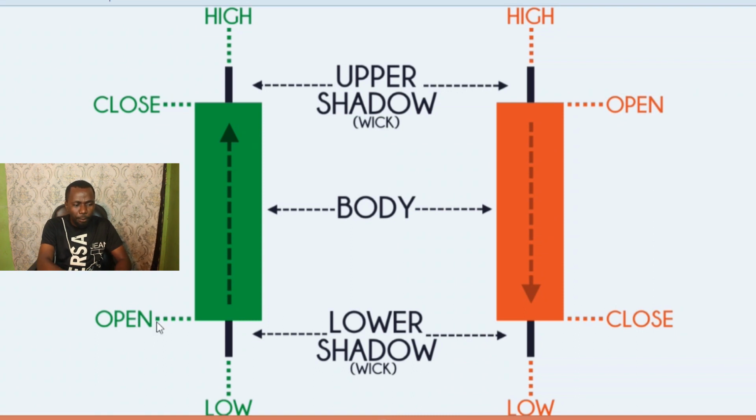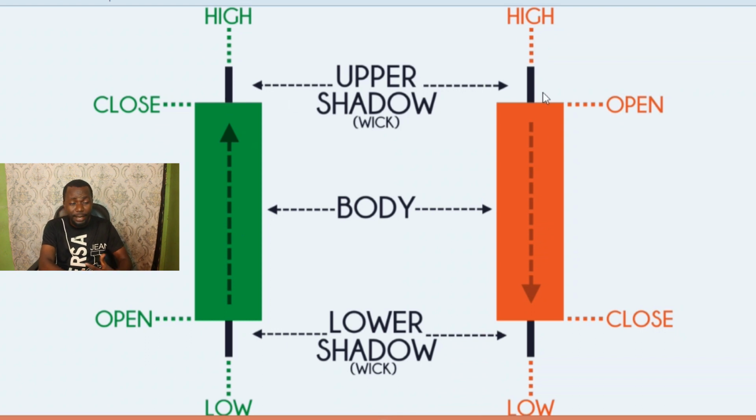If the market opens here and drops here, this is the lowest of this candlestick, and then goes up, this is the highest, forming this wick, and then closes back here. That is why we have the open, the low, the high, and the close.